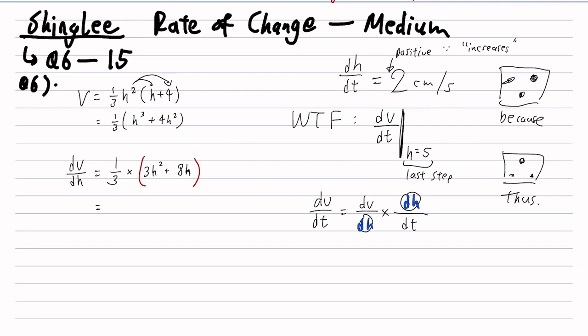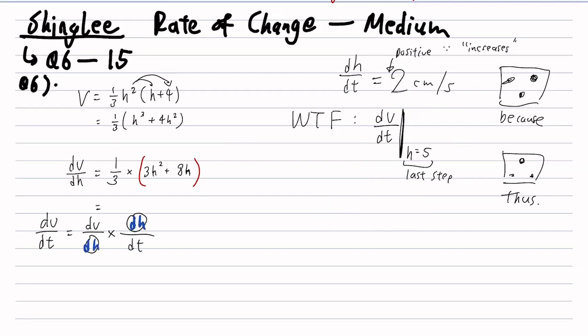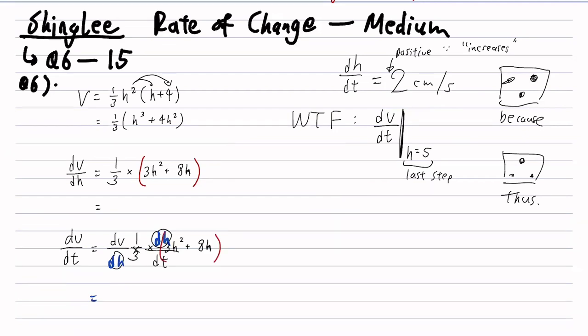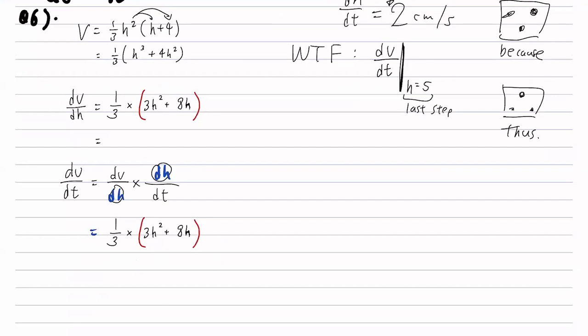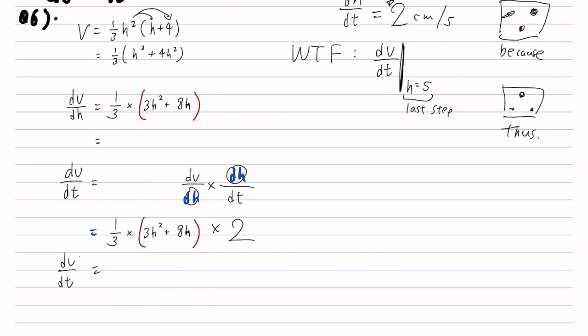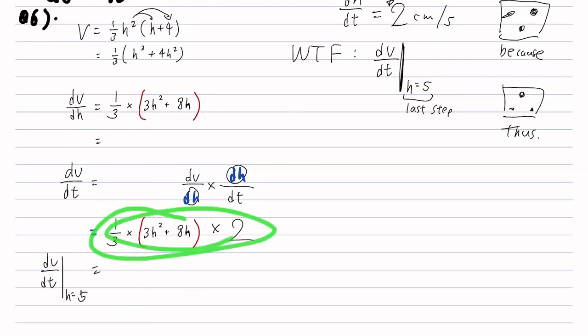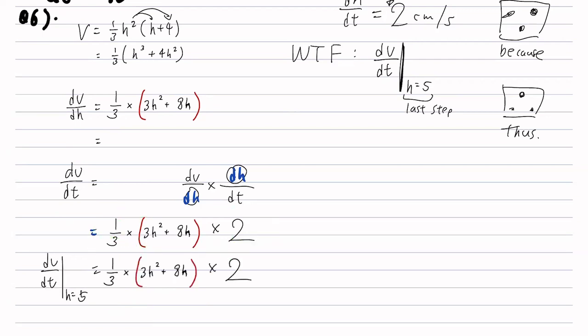Now you can just sub in: equals 1/3 times bracket open 3H squared plus 8H bracket close, times 2. Very good. Then you can just sub in H equals 5, and that's your answer. So vertical line H equals 5. So you don't even need to simplify; just copy and paste and then substitute the H with a 5.